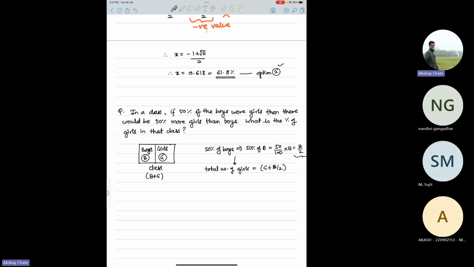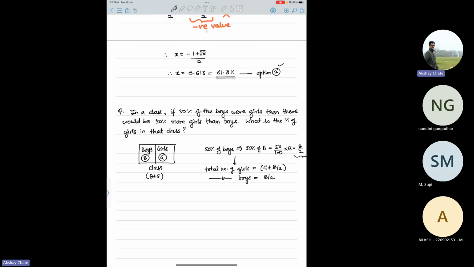Now that is the tricky part. I hope you understand the confusion here. So now the total number of girls is this much, and the total number of boys is just B by 2.